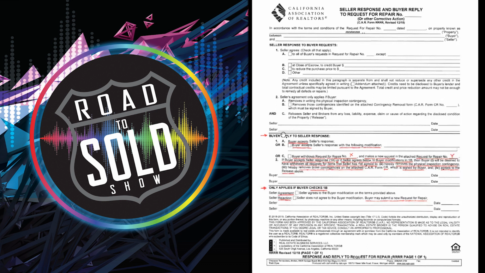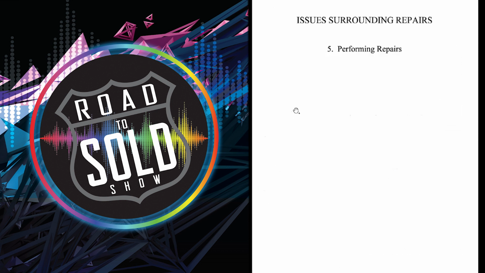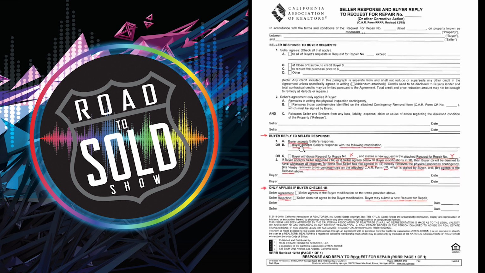The buyer then replies to the seller's response by determining what course of action they're willing to agree to. So if the buyer simply agrees to what the seller says here, then there's nothing further that needs to be done except be signed, because the default statement is buyer accepts seller's response.